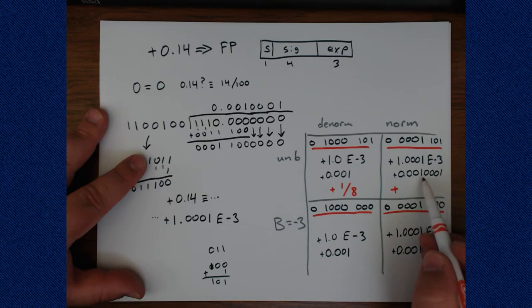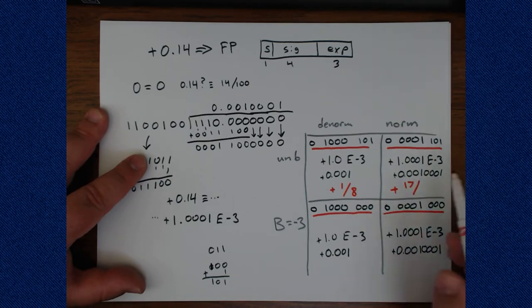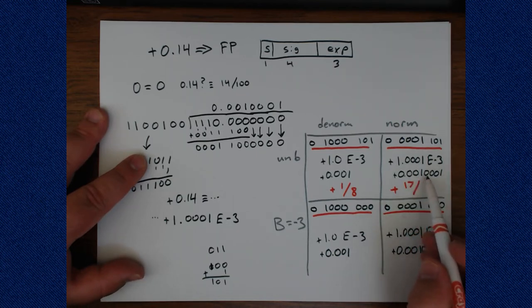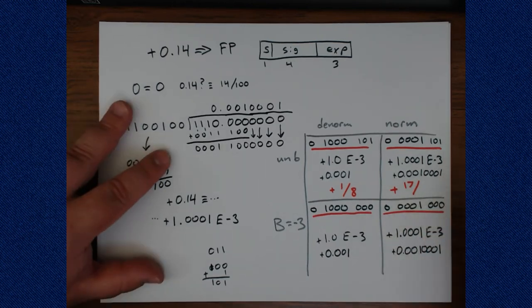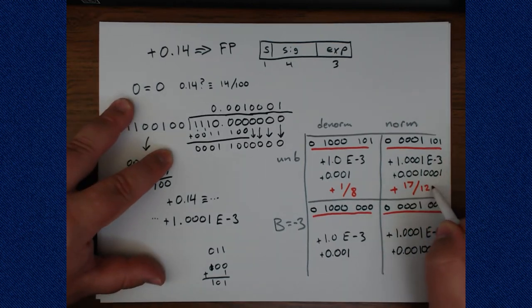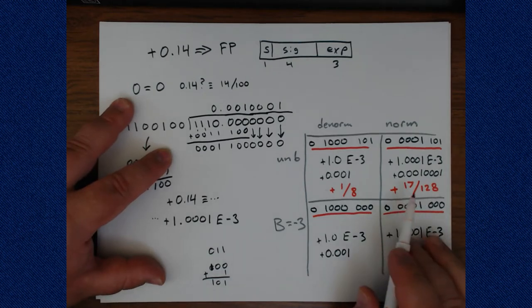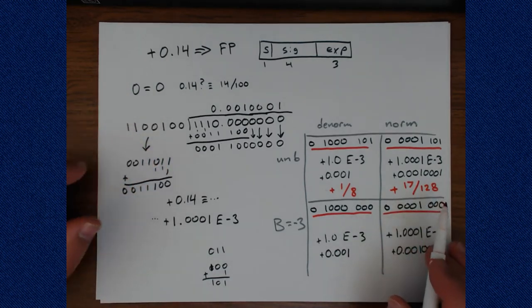This is a 16 plus a 1 is 17. So it's positive 17 out of something. How many bits? 1, 2, 3, 4, 5, 6, 7. 2 to the 7th is 128. So this is positive 17/128.